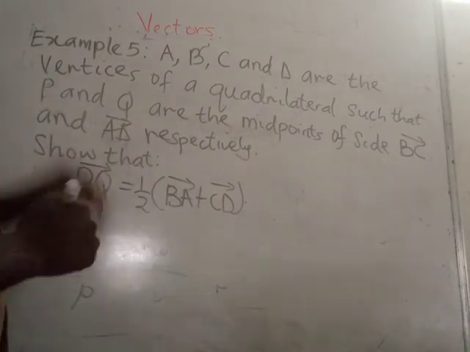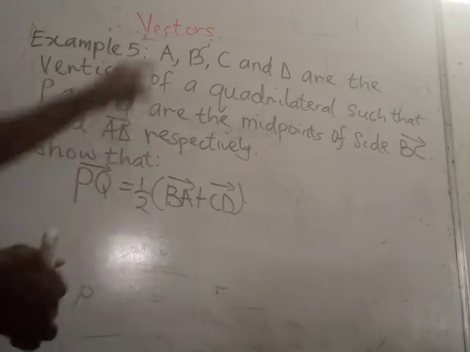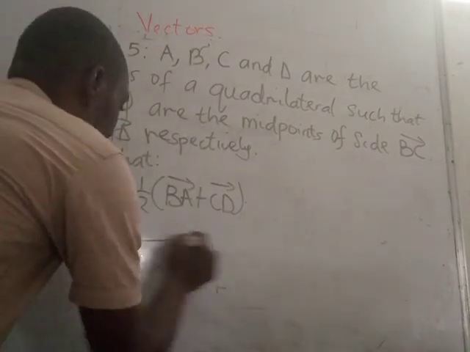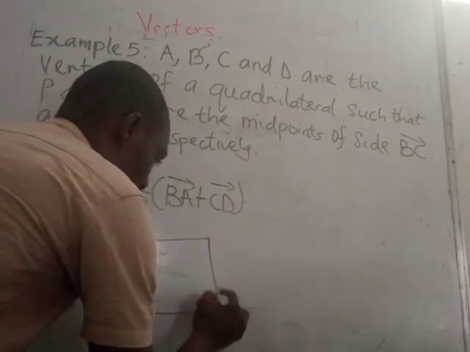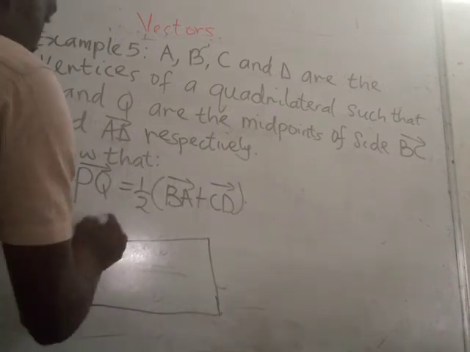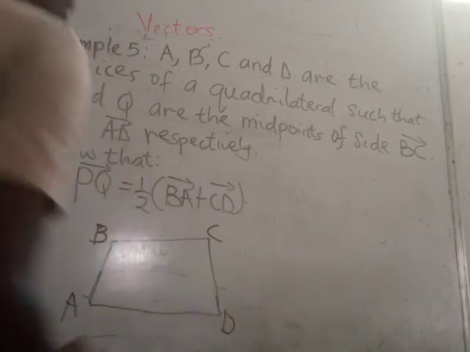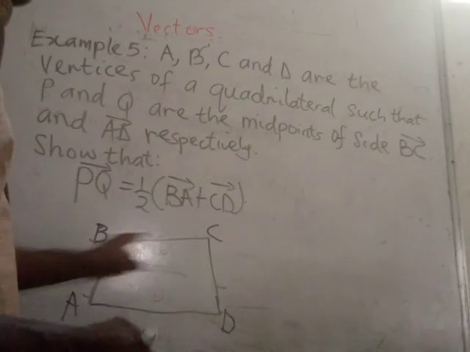Let us quickly draw the quadrilateral with vertices A, B, C, and D. Now we are told that P and Q are midpoints.